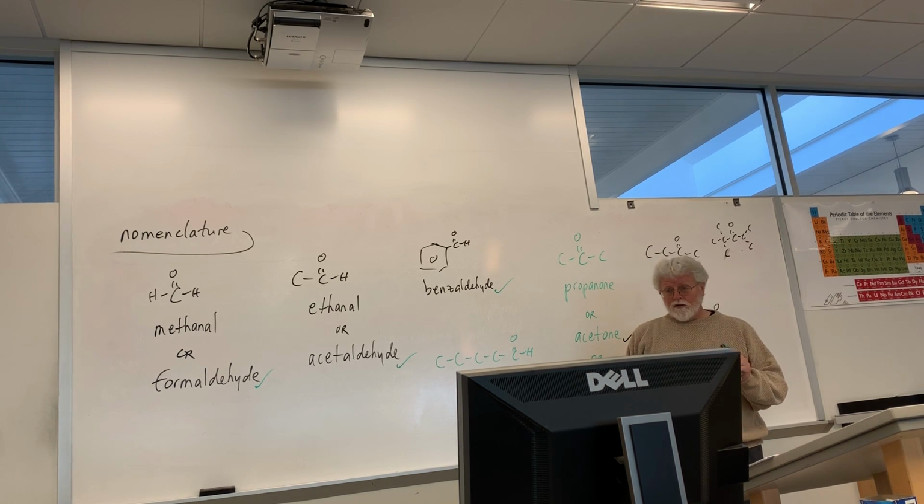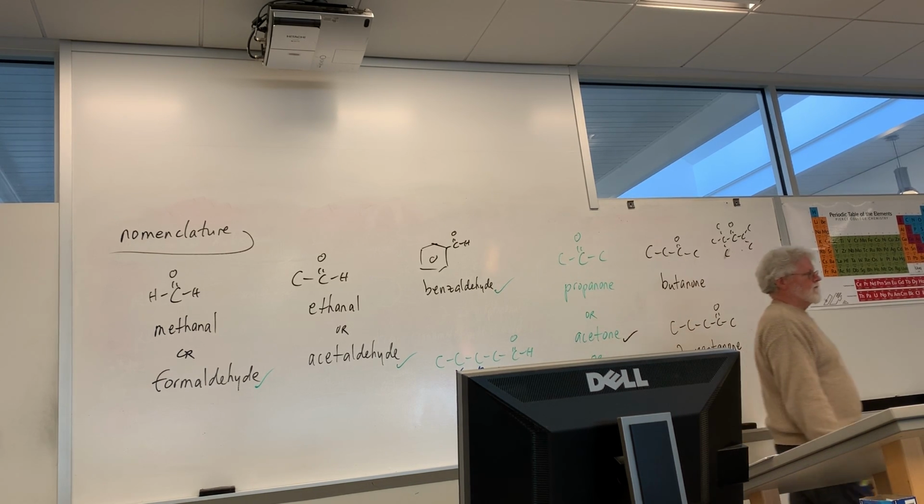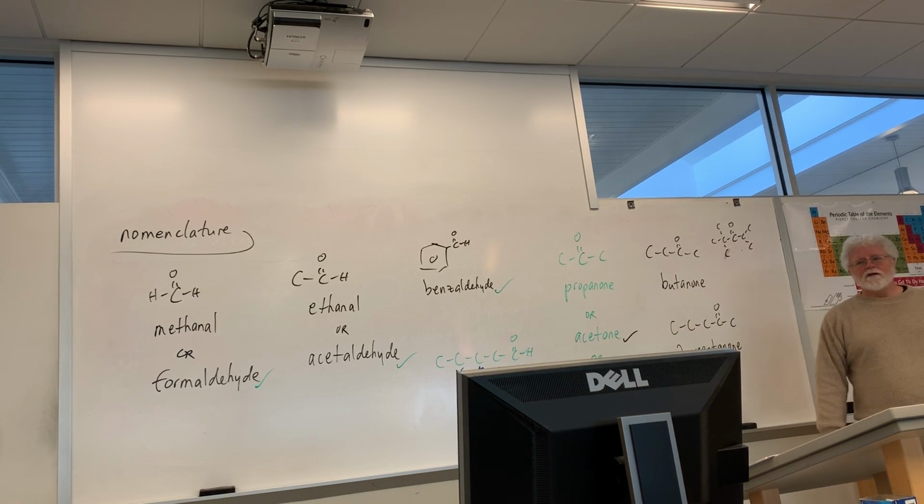But very frequently, the carbonyl carbon is the carbonyl carbon, the carbon next to that is referred to as the alpha carbon. Next to that, the beta carbon, next to that, the gamma carbon, and so on. The Greek alphabet.